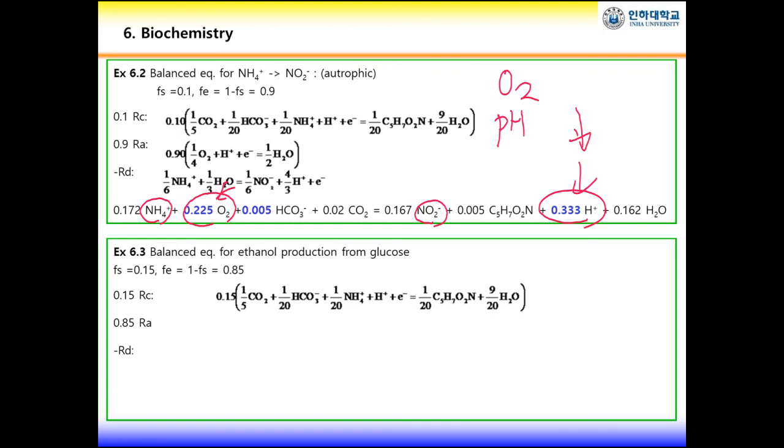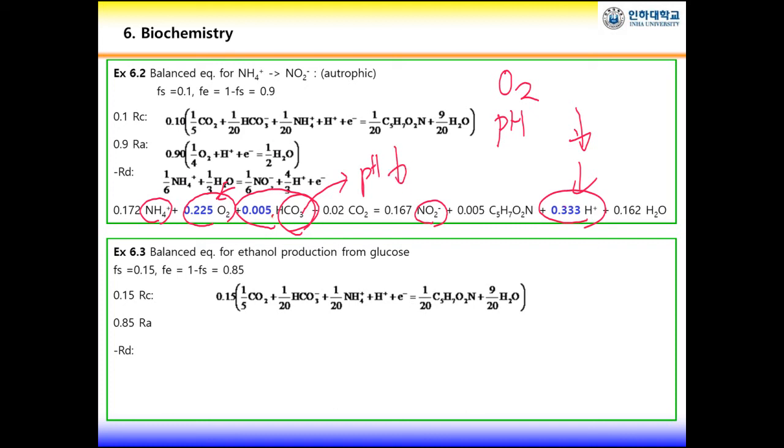In addition, in this reaction, we have to supply 0.005 moles of bicarbonate. It's not a great amount, but anyway, the bicarbonate is consumed. That means this is also another factor that decreases pH.